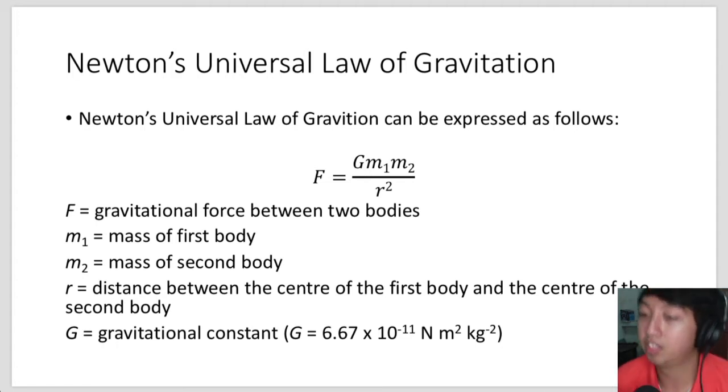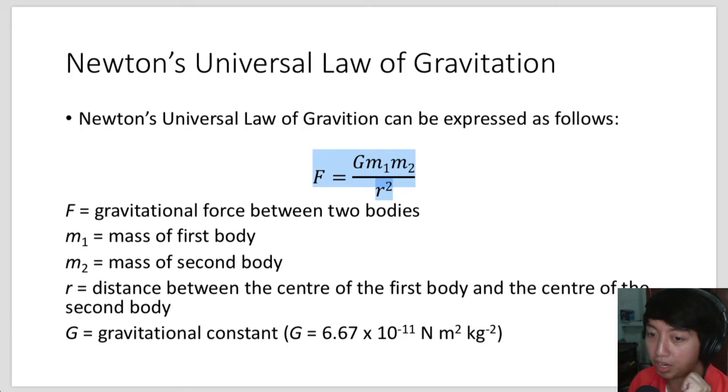Okay, so the easiest way for us to understand is for us to try a few questions. But let's take a look at this formula first before we continue to the questions. So just like what I said just now, G is constant. That's not going to change. So the only things that you can change are the mass of either planet and the distance.